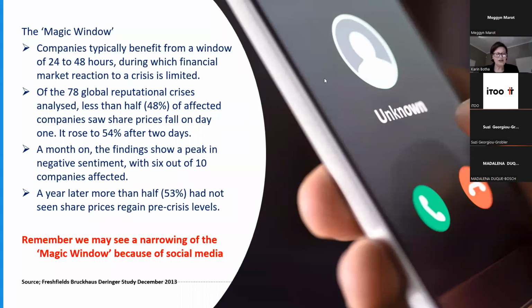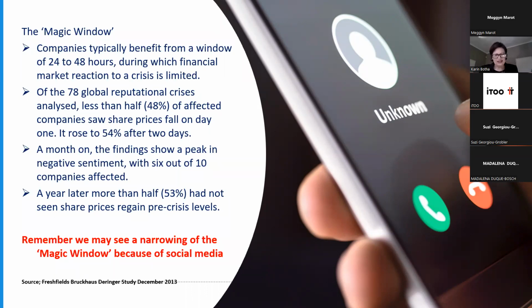A month on, the findings show a peak in the negative sentiment with 6 out of 10 companies affected. And if you really are very bad at doing this, a year later or more, you don't see your share prices regain pre-crisis levels. So it's very important to make the window or response time after a recall as narrow as you can, the better for your business.